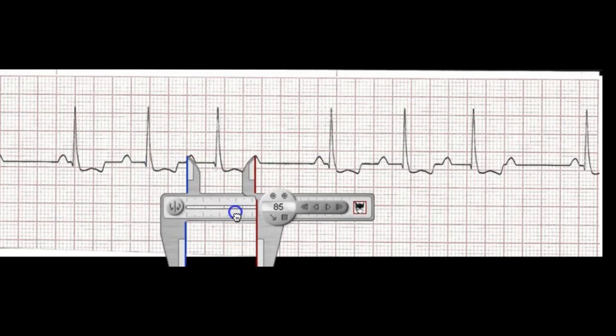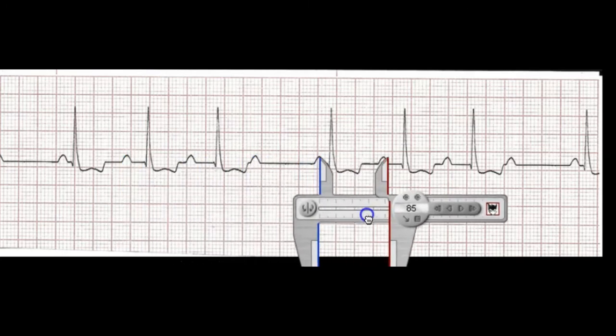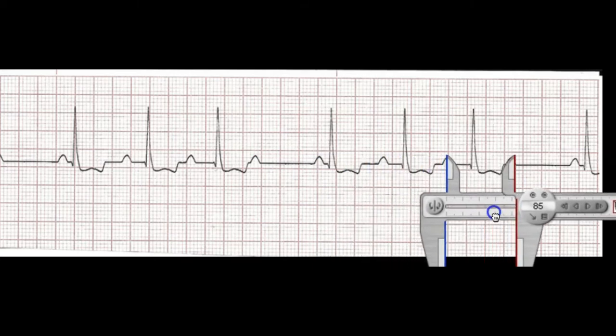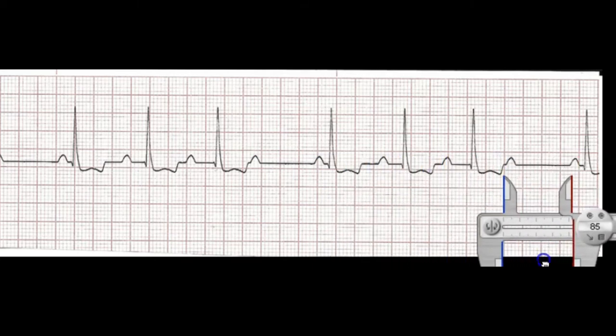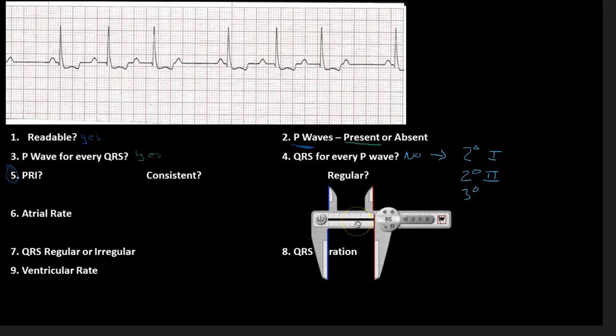And when I look at this, lo and behold, all of these P waves are lining up. So what this tells me is that definitely they're all P waves, and in addition to that, they all appear to be regular. That is also a key factor. Okay, so the consistency is yes, they are consistent. They are regular.